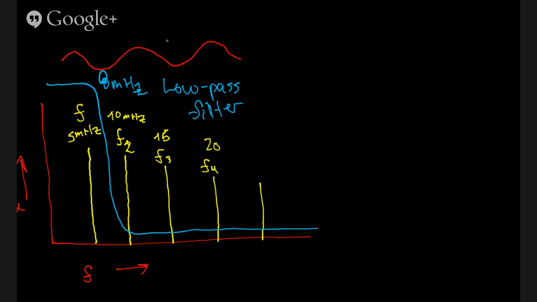And it doesn't completely eliminate harmonics, but what it does is it attenuates it sufficiently that it is near or below the noise floor, such that they don't cause a problem. They're enough of a low frequency.